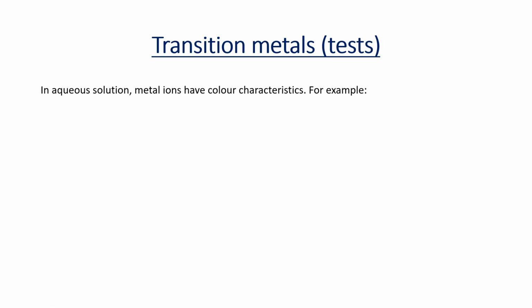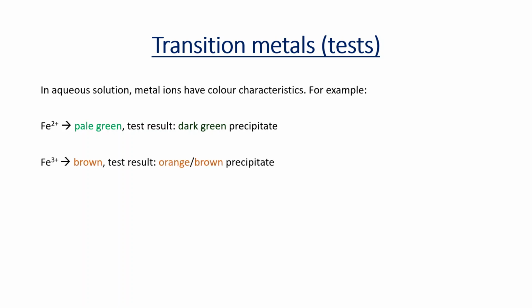So, for example, starting with Fe2+, it shows a pale green or a dark green precipitate depending on the concentration of the ion present. Generally speaking, if the solution goes green, Fe2+ is likely to be present. However, if this Fe2+ lost an additional electron and turned to Fe3+, the colour completely changes. It is brown. Test result showing an orange or brown precipitate. I do apologise, I know it's just brown, I couldn't find a good enough orange.